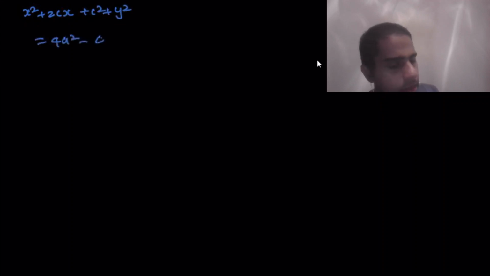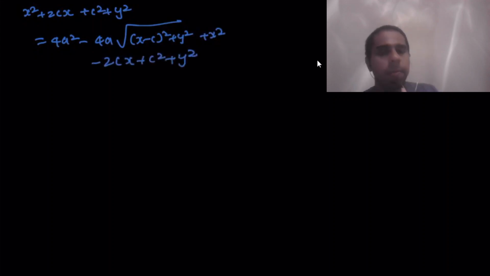By squaring both sides, we get x square plus 2cx plus c square plus y square equal to 4a square minus 4a times the square root of x minus c the whole square plus y square, plus x square minus 2cx plus c square plus y square. Okay, so this is the form we are getting.